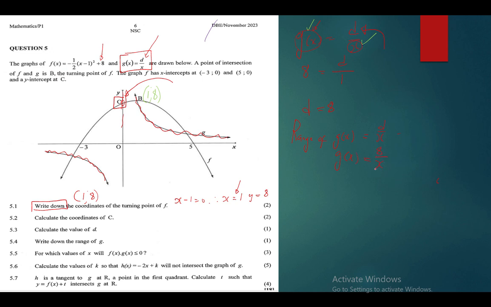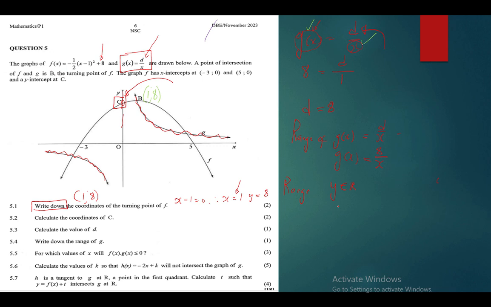They want us to write down the range of g, which is the hyperbola. Writing the range of hyperbola is simple. You just say y is an element of real numbers. Y is all real numbers.